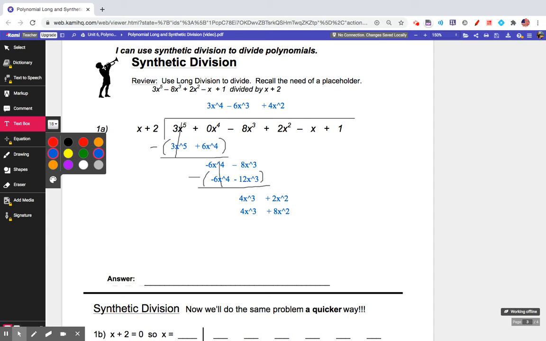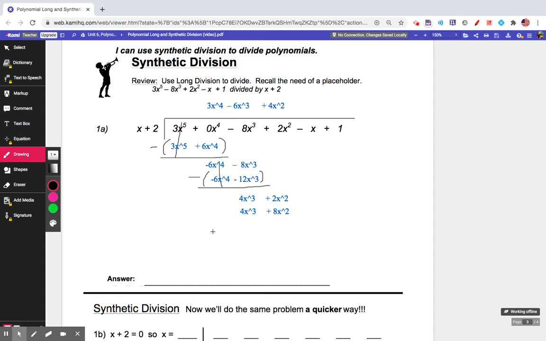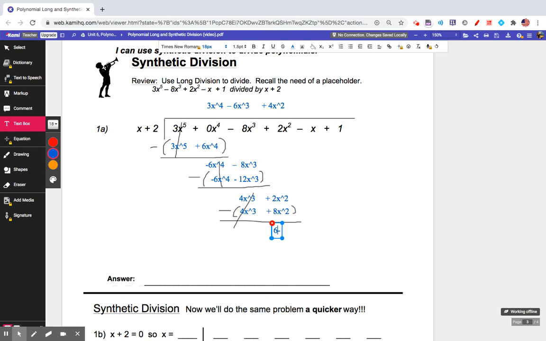So when I subtract, I change the sign and add. These cancel out, and I'm left with negative 6x squared. So my text box, negative 6x squared.